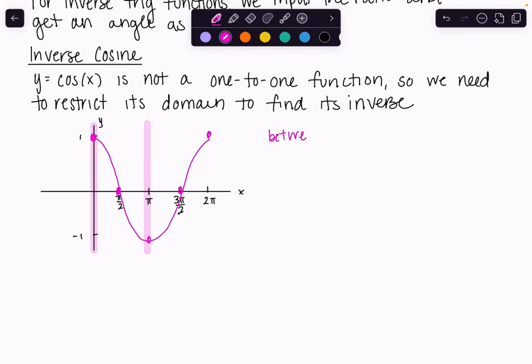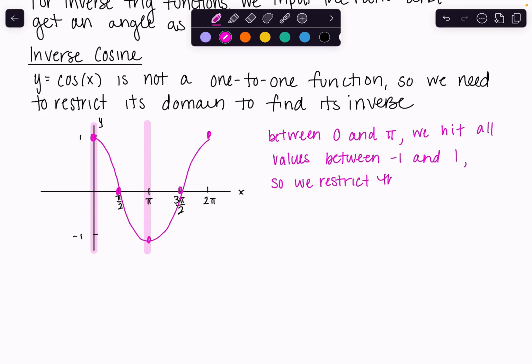So here between 0 and pi, we hit all of the values between -1 and 1. So we're going to restrict it to this interval. And so on the interval from 0 to pi, we're 1-to-1. We are going to be able to find the inverse of the cosine function.